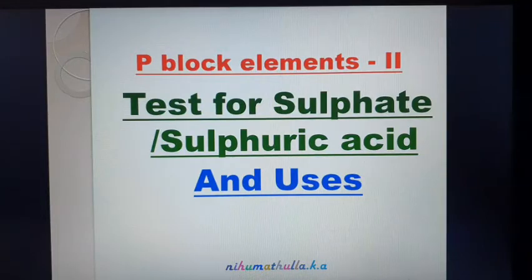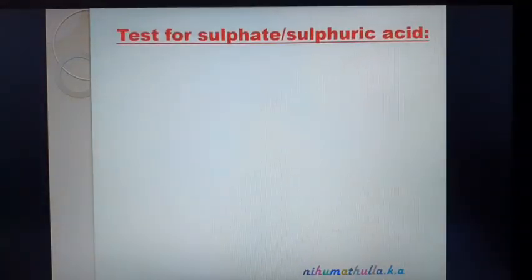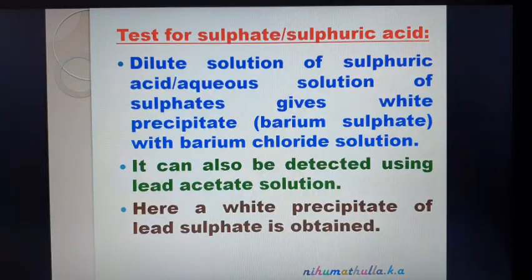And how to find out the presence of sulfate in a salt, or how to identify that the acid is sulfuric acid. We know, and you also studied in 11th standard practical, the test for sulfate ion. A very dilute solution of sulfuric acid or aqueous solution of sulfate.